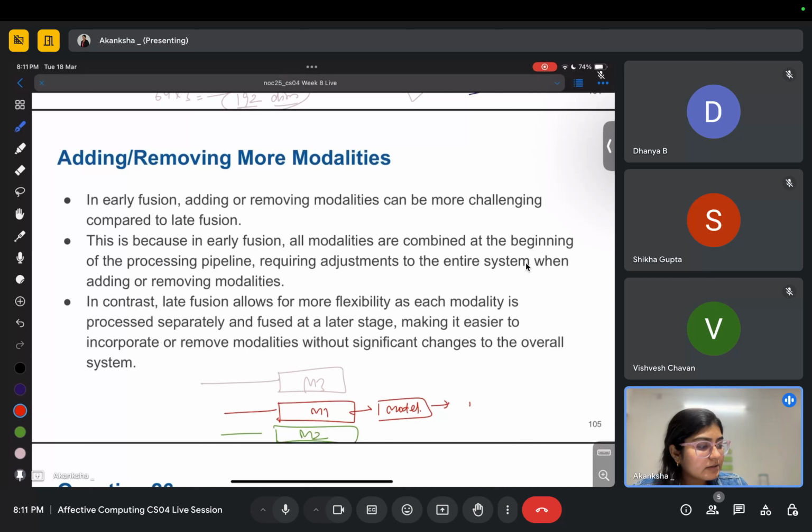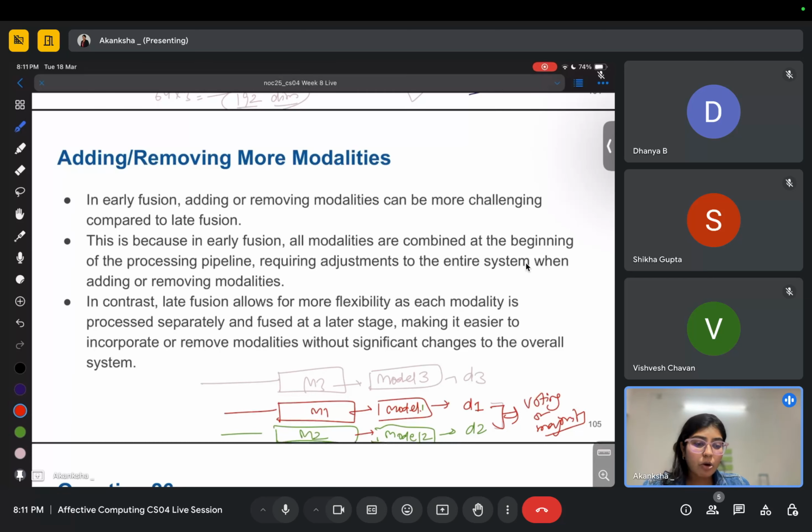So it is just giving decision number 1, this is model 2 giving decision 2, and similarly for this it gives decision 3. Initially we were combining this information by taking voting or majority, maybe AND, OR, whatever.